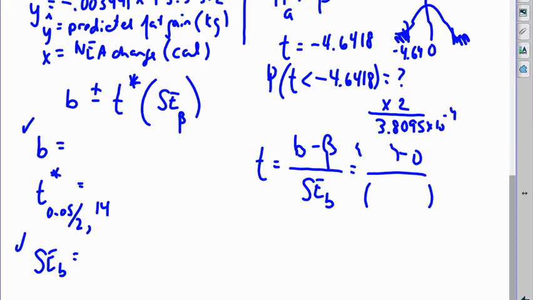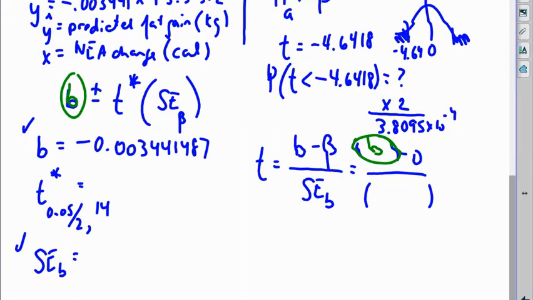So let's go and figure out what those numbers are, and we'll be able to use them for both the interval and the test. First of all, off of the calculator, by doing the linear regression, we get our beta, which was negative 0.00344147. So that number would go right here in this location, as well as right here in this location.